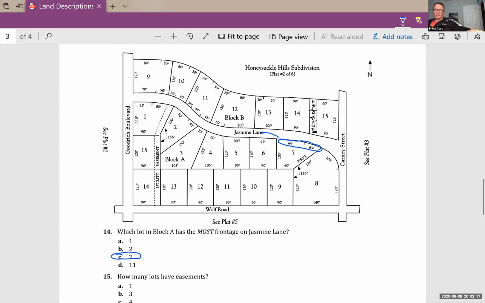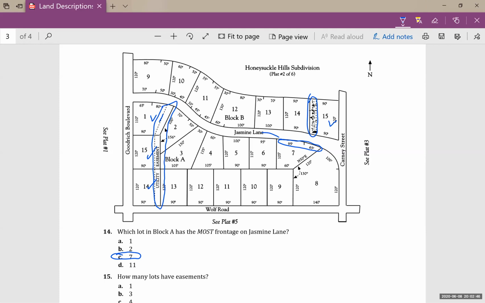15, how many lots have easements? Does lot 1 have an easement? Yes. Lot 14, lot 15. Yeah. I put B. And then, yep, lot 15 on block B over here. Oh, I know. It's tricky too, so all those have easements, right?